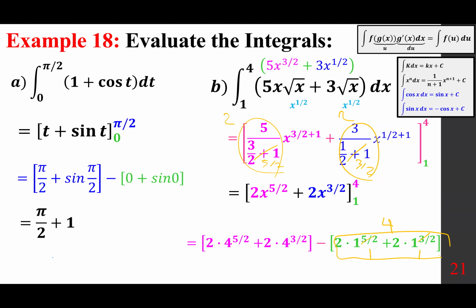Four to the power of 5 halves means the square root of 4, which is 2 to the power of 5, which is 32. This one is square root of 4, which is 2 cubed, which is 8. And so 2 times that, 64, plus 2 times that, 16, minus 4, 76.